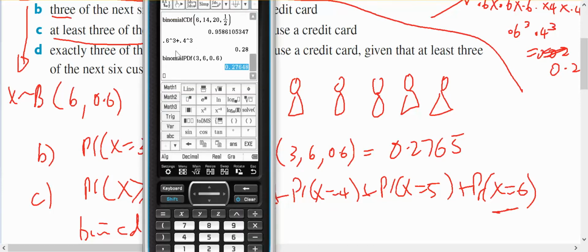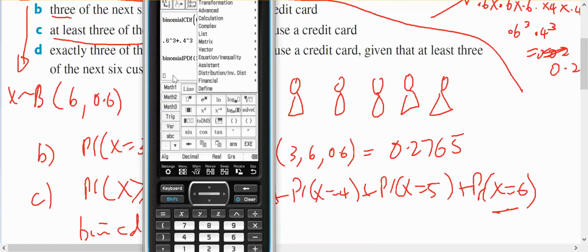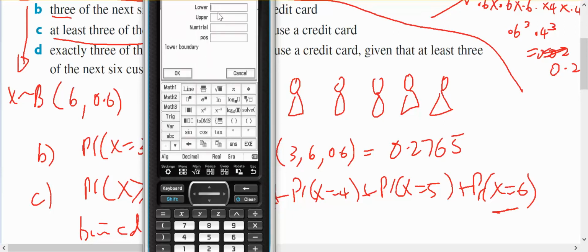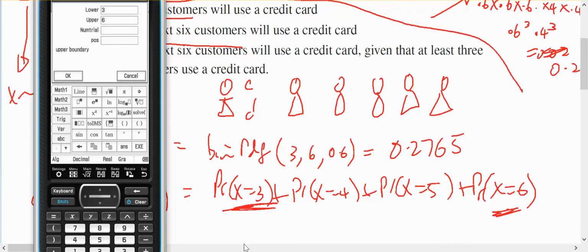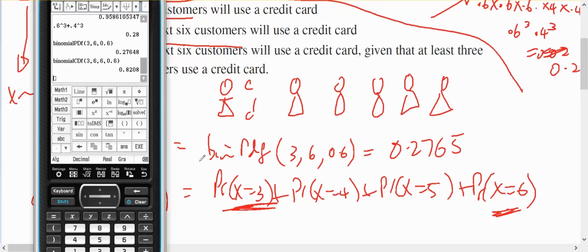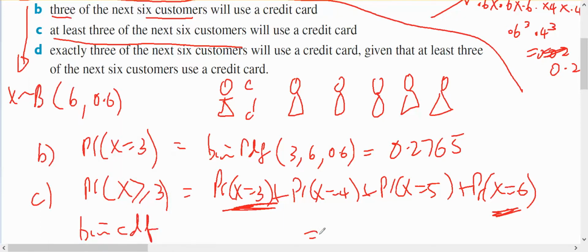Interactive, distribution, discrete, CDF, where my lower is 3 and my upper is 6, because I went from 3 all the way up to 6. Number of trials is 6, and the probability of success is 0.6, and when I press OK that gives me 0.8208.